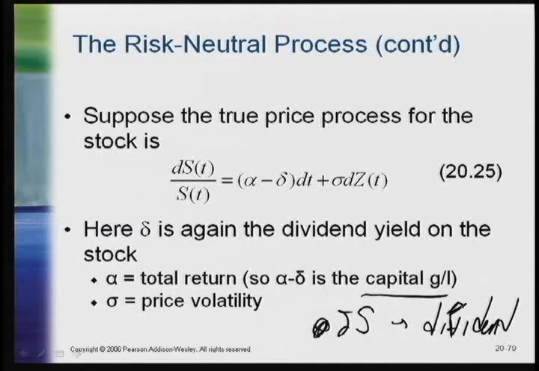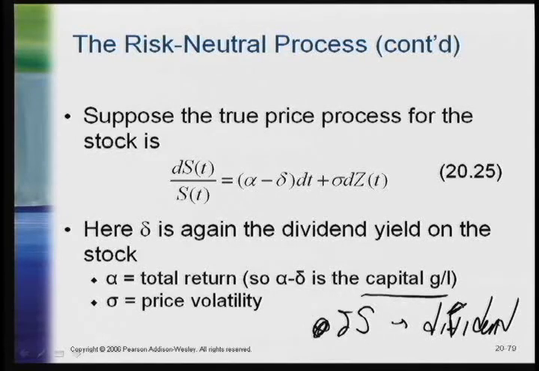So while an investor has a capital gain of alpha minus delta times S, the investor will get delta times S as a dividend, and then altogether the investor gets a total return of alpha. So the total return alpha is still the same. It's just that in this equation only the capital gain component is reflected, because the dividends are now assumed to be flowing out of the stock to the investor in cash, not reinvested in stock, because these equations represent the change in price of a unit of stock. They don't reflect the change in price of an account in which you add one stock and reinvest dividends.